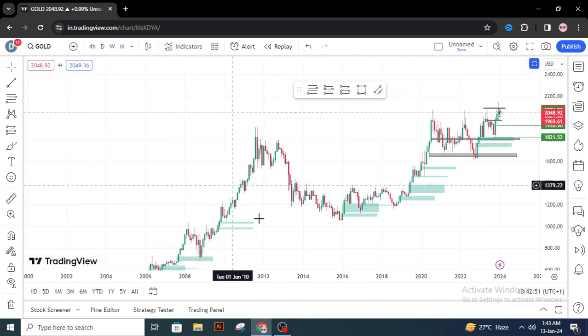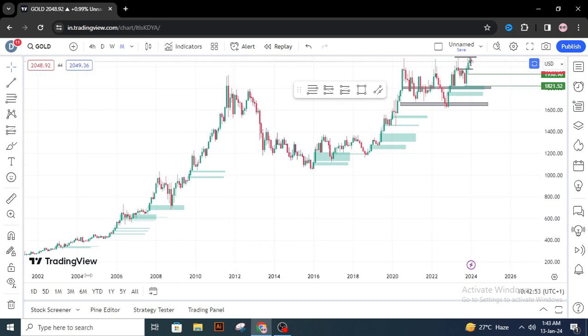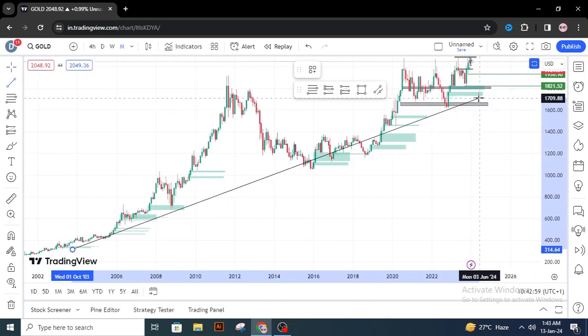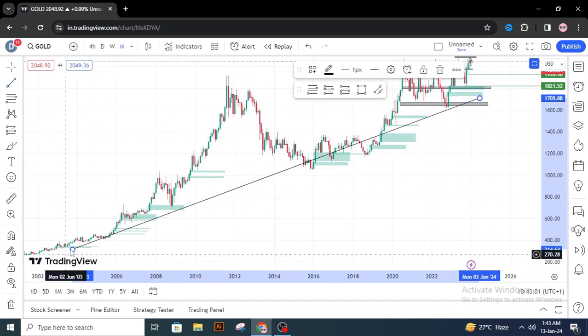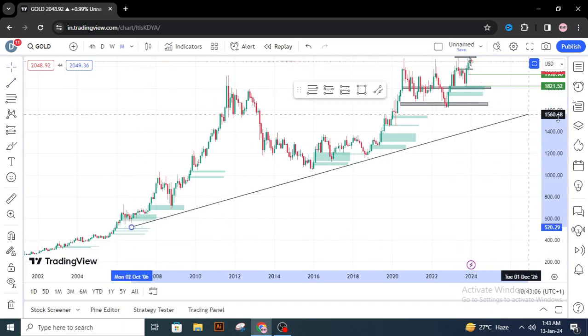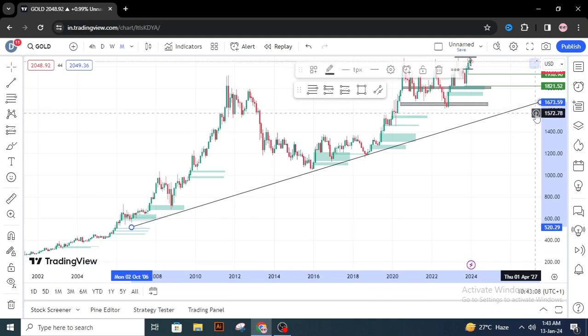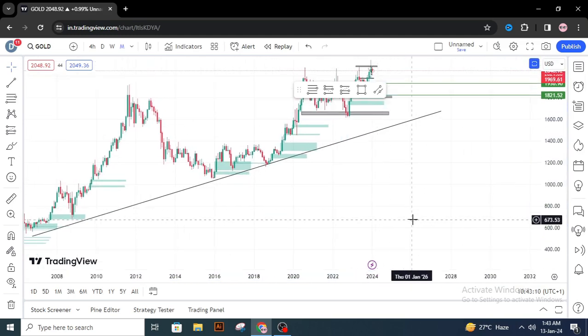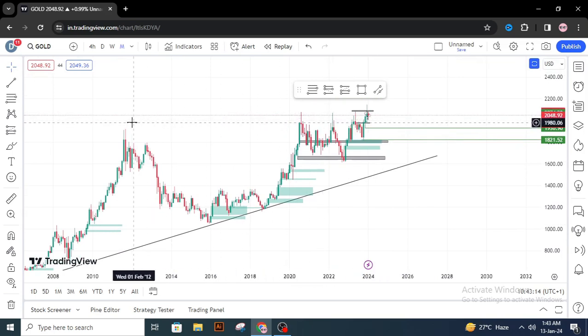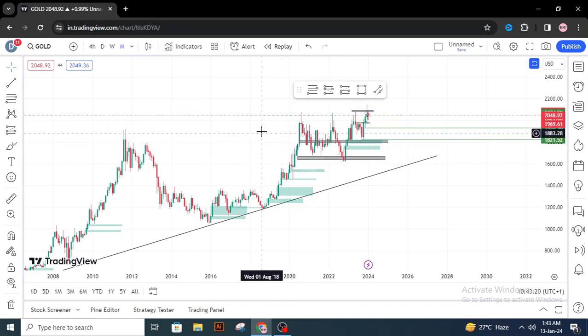If you look at gold very well, you will discover that gold is in an uptrend. So basically, we want to be looking for buy opportunities.